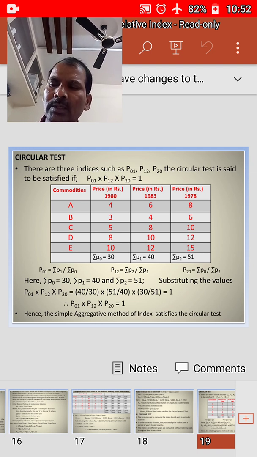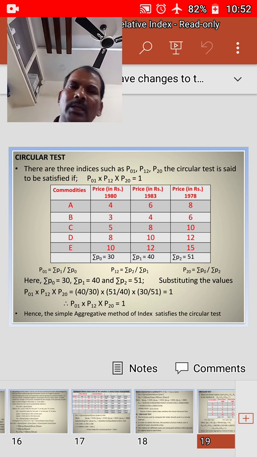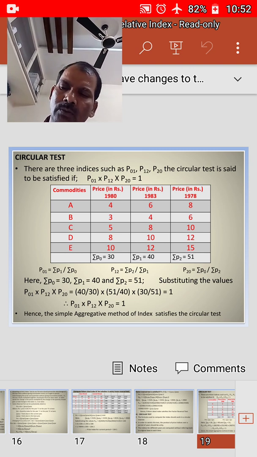First we need to enter 78, in the middle 80, and lastly 83. That is, in 1978 we have 4, 3, 5, 8, 10, and prices in 1980 you will get 6, 4, 8, 10, 12, and in the year 1983, 8, 6, 10, 12, 15.